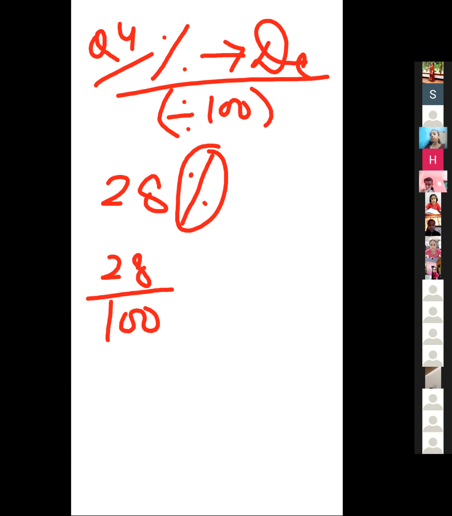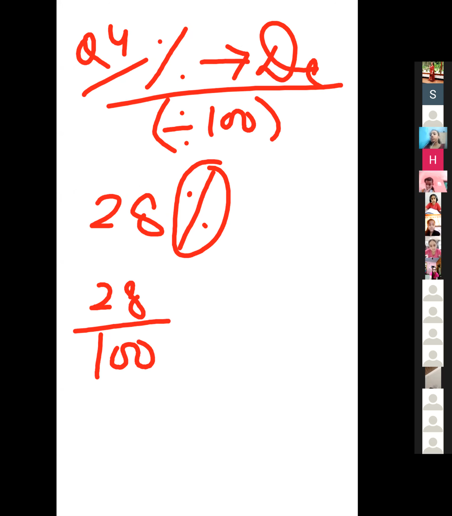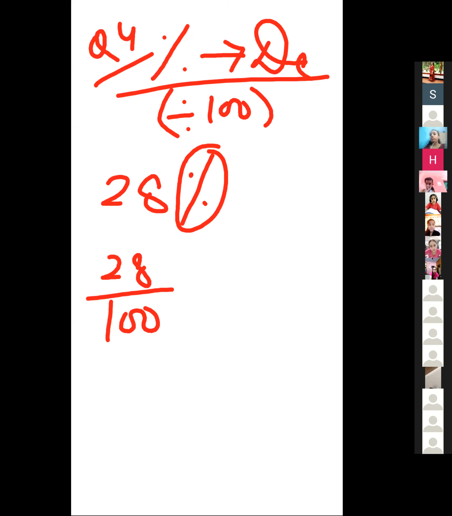Sirjan, what happened? Okay, 28% means 28 upon 100. Clear? Now change into decimal. Now percent changes into fraction. Now in the decimal you have to take out the answer in decimal. Cut 2 zeros and put decimal after 2 points. 1, 2.